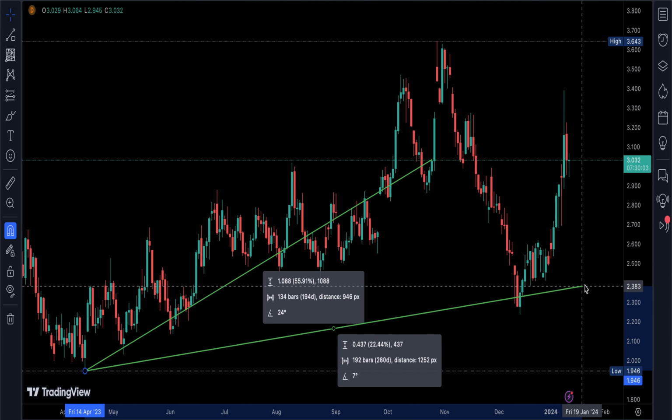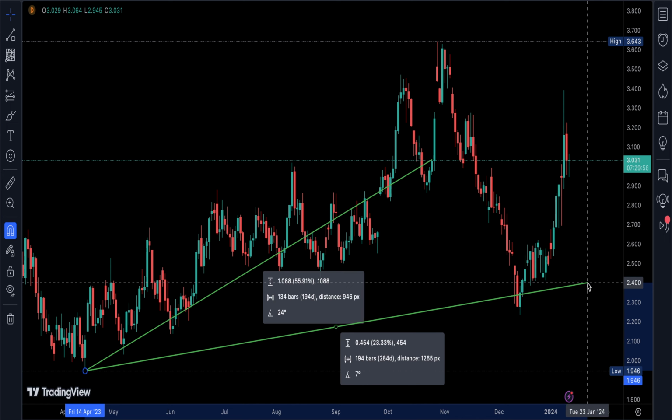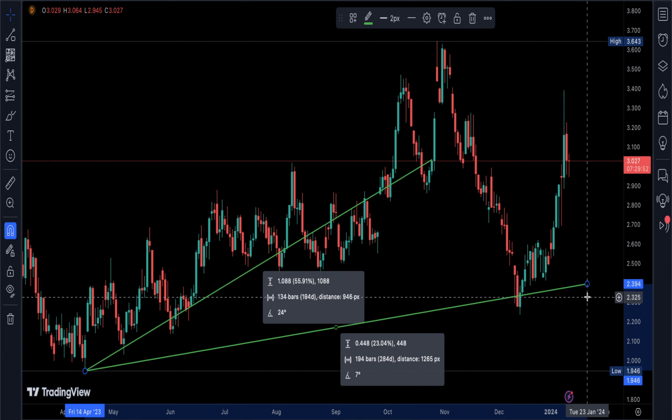And I want to go 194 trading days. So this one is picking here. In my Thinkorswim, it was picking the 19th. For some reason here it's picking January the 23rd. That's 194 days, 194 bars, actually.